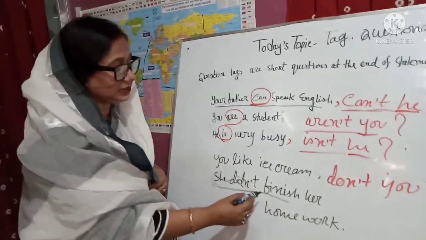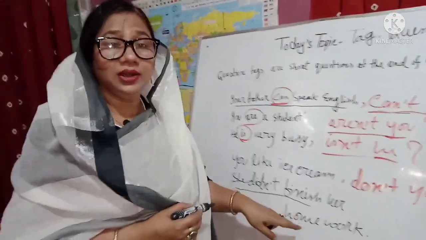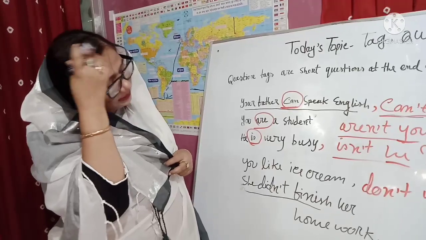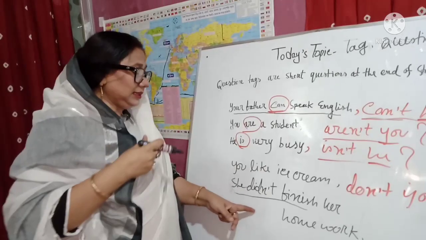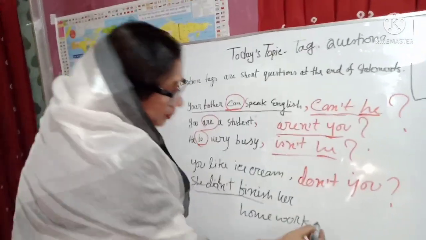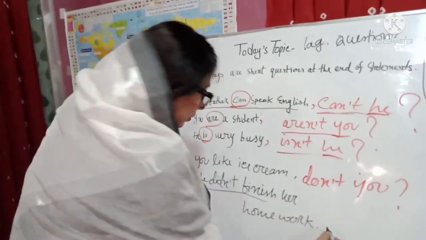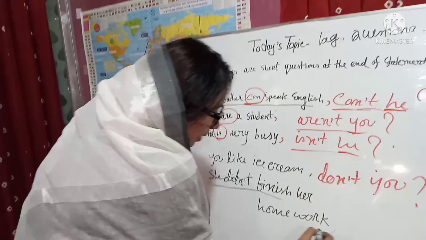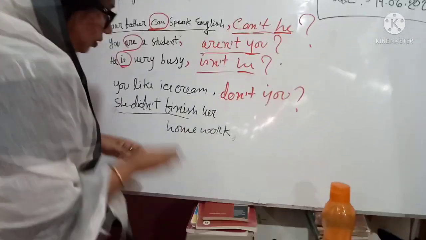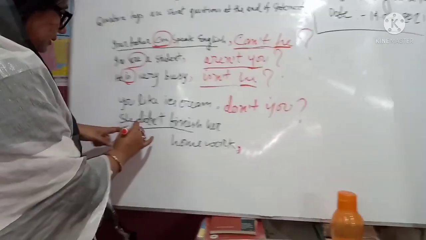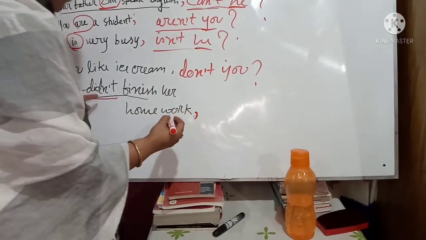She didn't finish her homework. This is a negative statement. Then we make a positive tag question. Then we add a comma. This is negative, so we make a positive tag question.